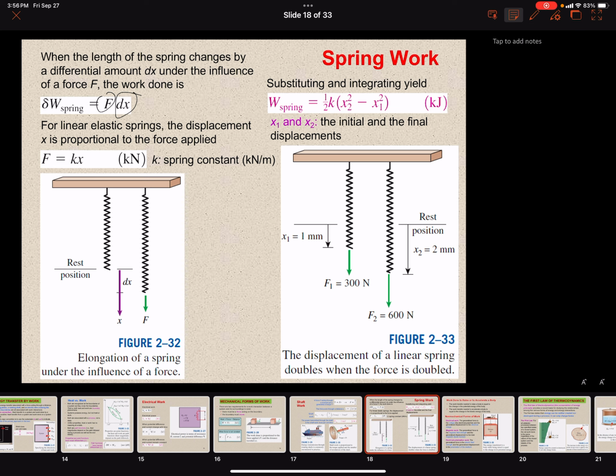For a linear elastic spring, the displacement x is proportional to the force applied, where x is the displacement and k is the spring constant. When we want to find the work, we put these equations together, and we have the final equation, which is half of the spring constant multiplied by the change of displacement, the final minus the initial. I will stop at this slide.